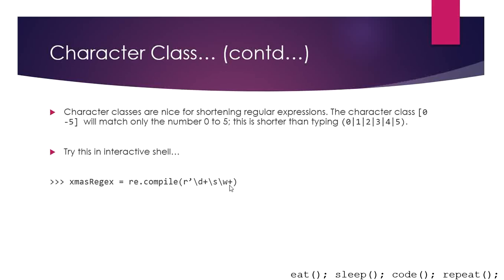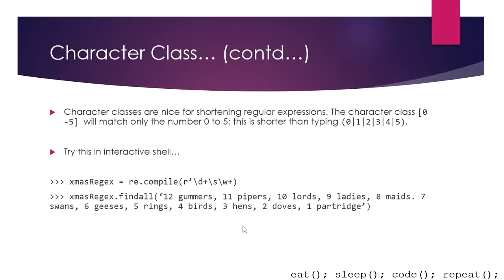So we can have any space, any tab, or any new line. Similarly, we have backslash small w plus. Backslash small w stands for any letter, numeric digit, or the underscore character. Backslash w plus means it can have multiple characters. We're going to understand this. We have xmas regex dot findall, and we have something in it. This is the string that we want to search into.